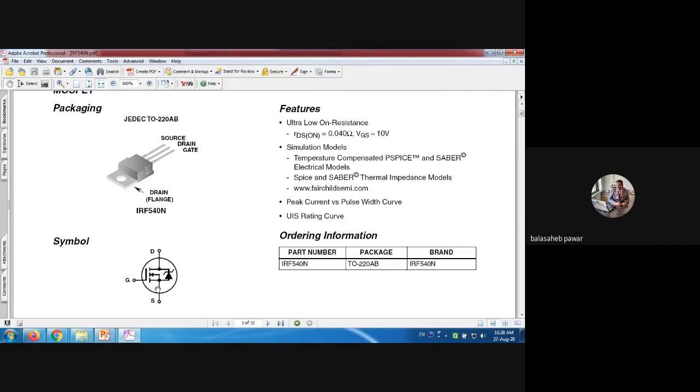And that operation of the transistor will be in its saturation region, that means the amplification region. The transistor is in the on state, but the resistance between drain and source will be very, very high, and that's why the current will be very small. Whenever you use the same transistor as an amplifier, the drain to source voltage, generally called the output voltage, should be as high as possible.